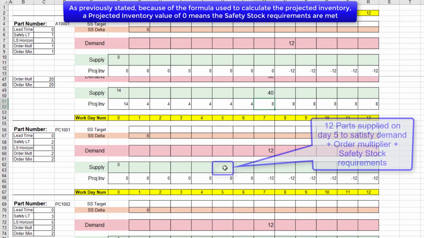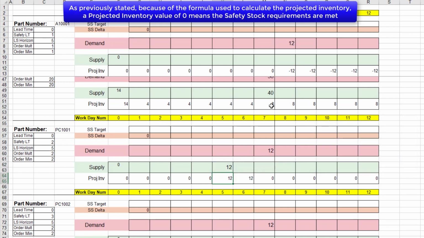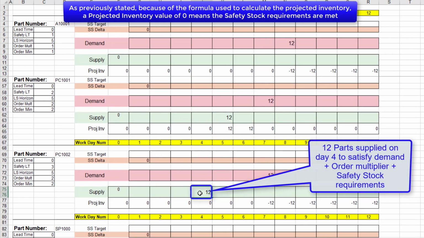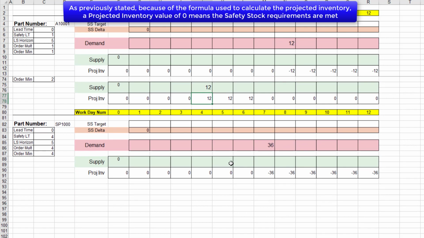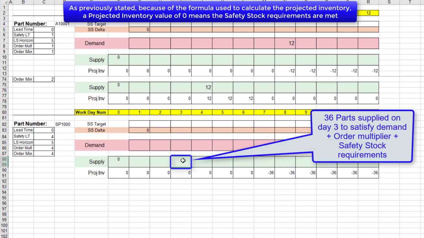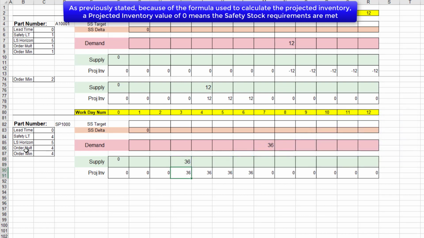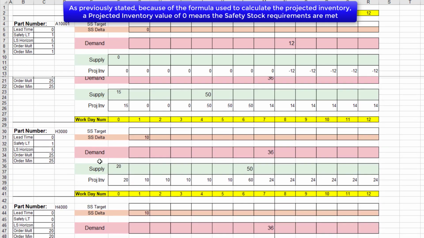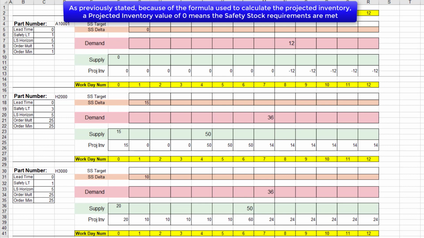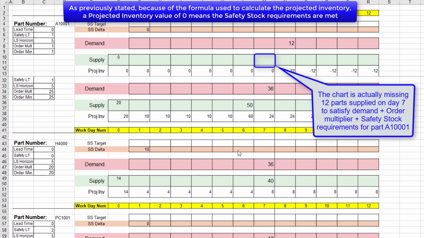For PC1001, with a lead time of 2, and order multiplier 2, with the same for PC1002. SP1000, with that 4-day safety lead time, means we have to get those 36 pieces in production in 3 days, 36 being a multiple of 4. And with that, our chart is filled out.